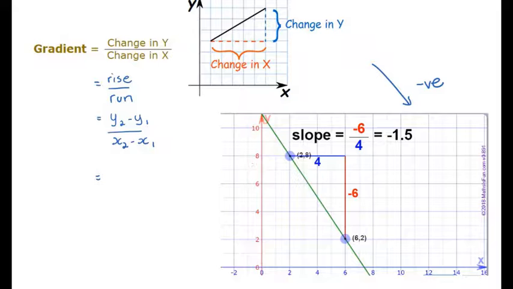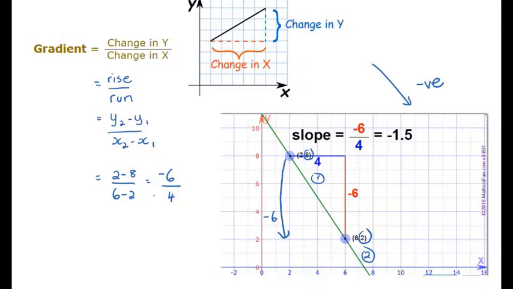My change in y has gone down from 8 to 2, or if I did y2 minus y1, this is my second point and that's my first point, I've got 2 minus 8, which gives me negative 6, or it's gone down 6. Then it's gone across from 2 to 6, which is x2, 6, minus x1, which is 2. So it's gone across 4.